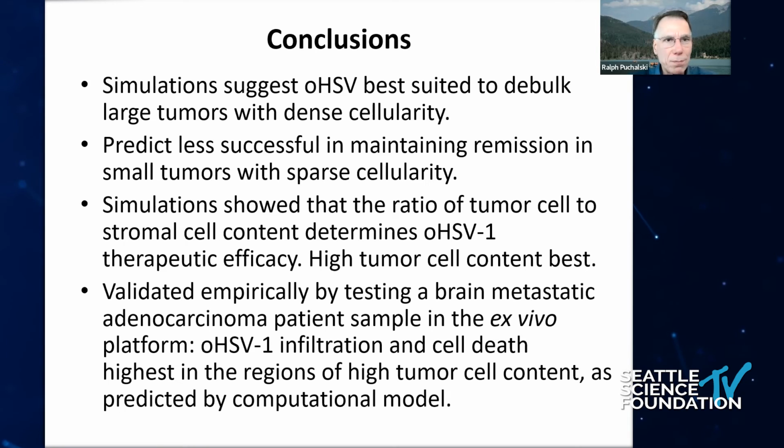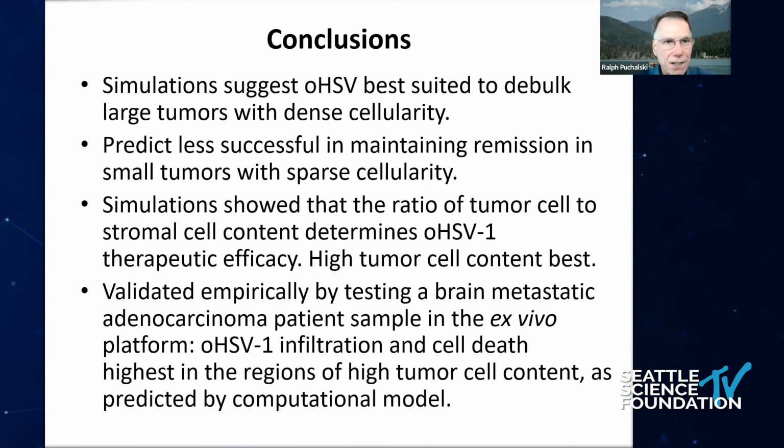And our models predict that this viral vector will be less successful in maintaining remission, of course, in small tumors with sparse cellularity. And the simulation showed that the ratio of tumor cell to stromal cell content determines the viral vector's therapeutic efficacy. High tumor cell content is best for use with this vector.